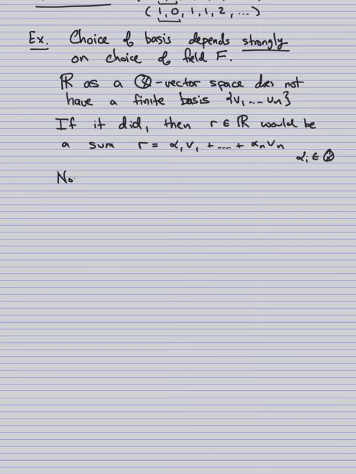Now, since the rationals are countable, there's only countably many coordinates. So there's a countable number of pairs, alpha 1 up through alpha n.